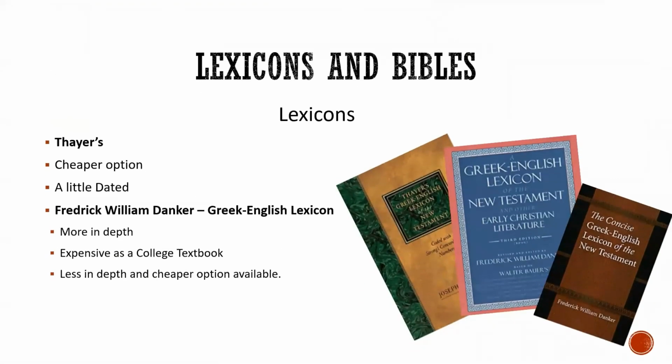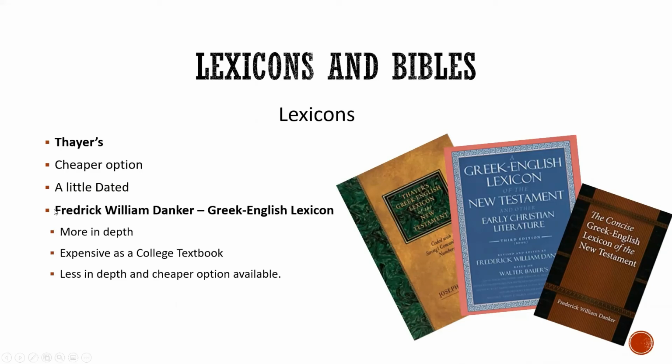So if you ever get a reader's edition, I'd suggest getting a lexicon, and there are a lot of different lexicons out there. The first one I'll show, the one farthest to the left, is Thayer's English Lexicon. It's probably the cheapest option of all of them. However, a lot of the information in it is a little dated, but it's still very useful.